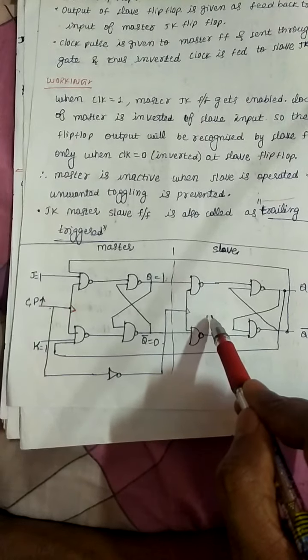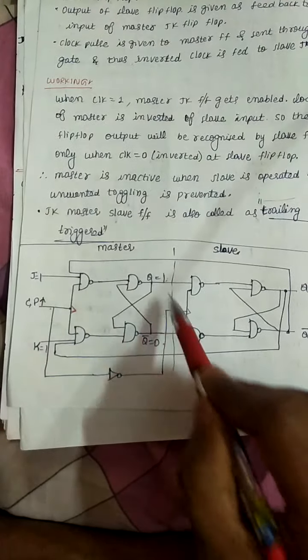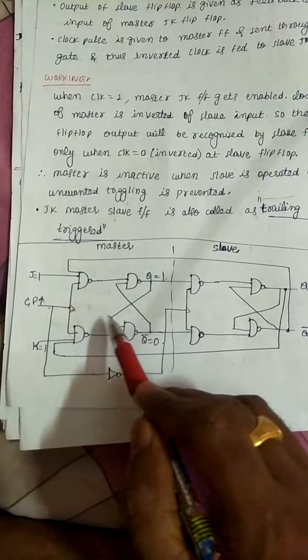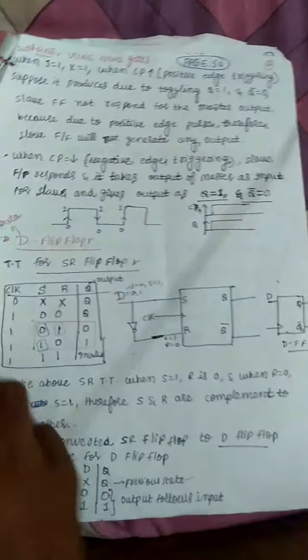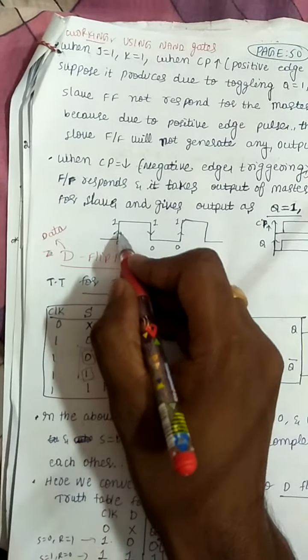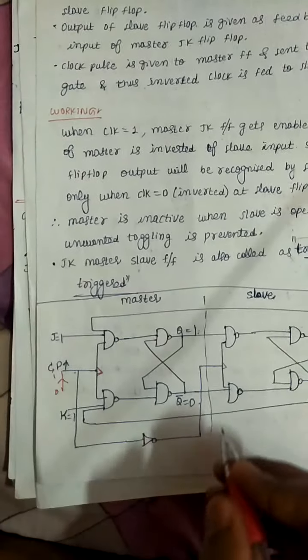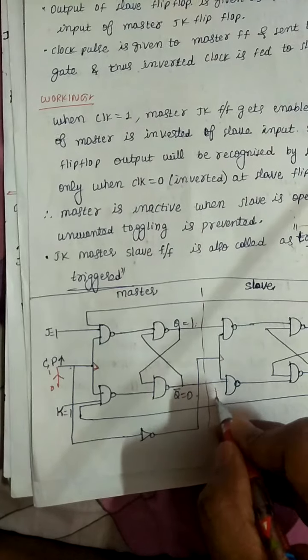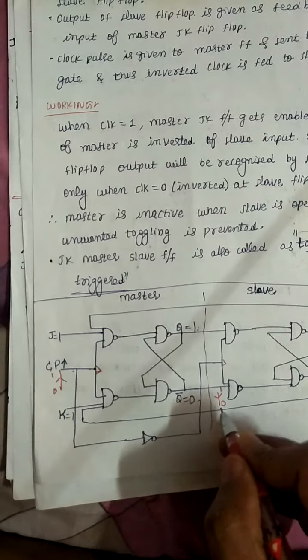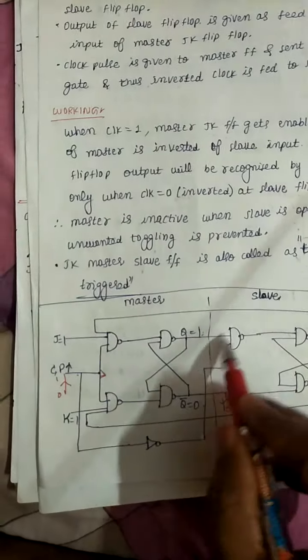When it starts to work, the other will be in off state. See here, if I give a positive edge trigger pulse from 0 to 1, then here you will get 1 to 0, which means this will work and this will be in off state.